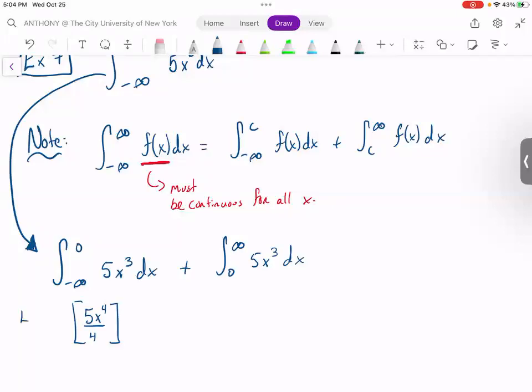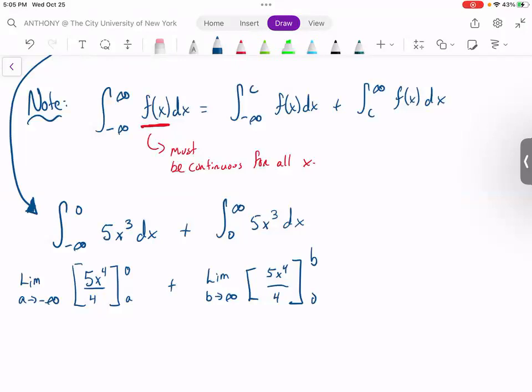I should have said the limit as a approaches negative infinity of that antiderivative from a to 0, plus the limit as b approaches infinity of the same antiderivative, 5x to the 4th over 4, but this time from 0 to b. Right? Remember, if it's negative infinity, we use a. If it's positive infinity, we use b. Okay.